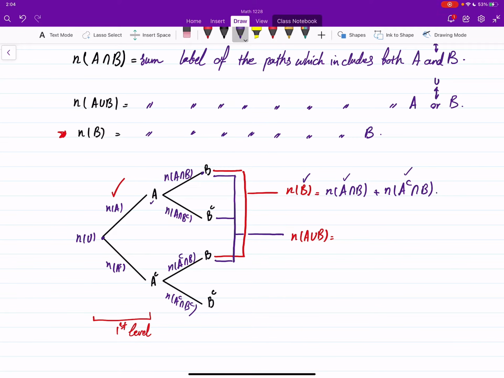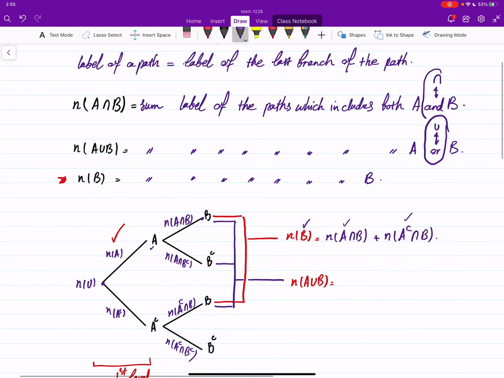If I write it down, you won't notice any specific formula there, but basically this comes from combining two or three formulas that we have for numbers. But just know, if you have the trees, you don't need to worry about the formulas. You just go ahead, find all the branches which include the sets based on the and or or that you see, and then add all those numbers.